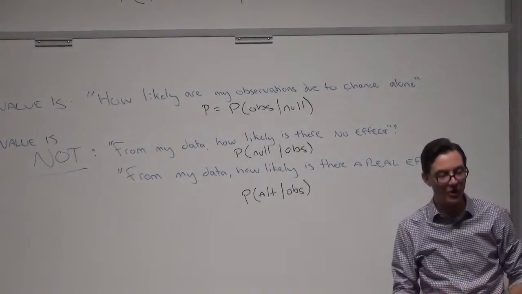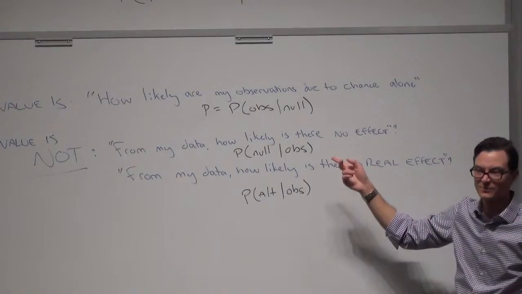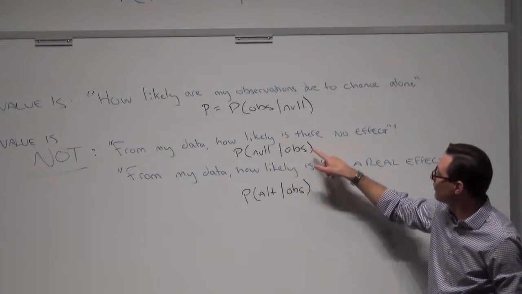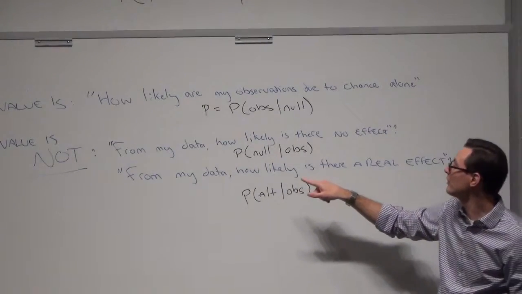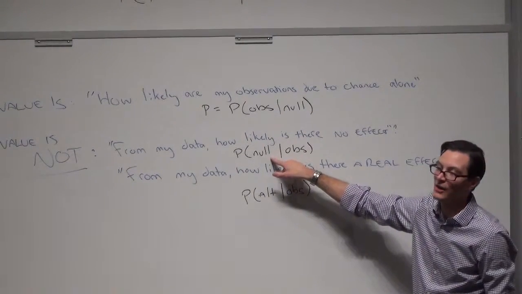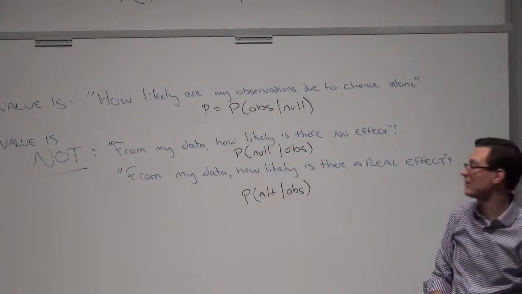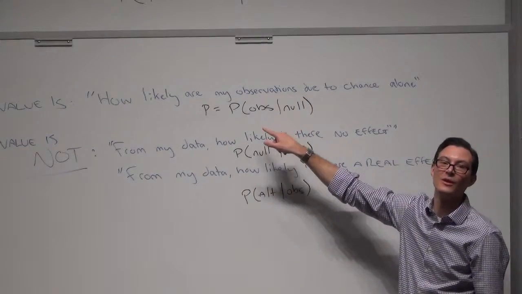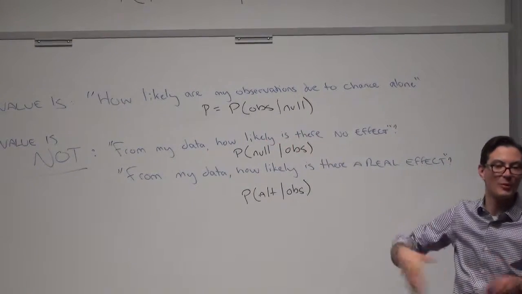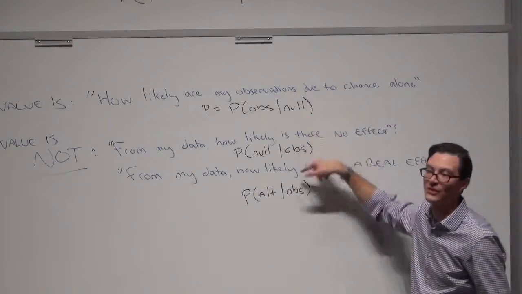And we had to go through all kinds of hoops to convert this to this. But a lot of people don't necessarily do that when they're thinking about p-values. They read a p-value and they think, ah, it's very likely that there is no effect given what I've seen. That's not what a p-value is. A p-value is how likely is it that what I have seen would come about due to no effect. So one, you're assuming the exact opposite.